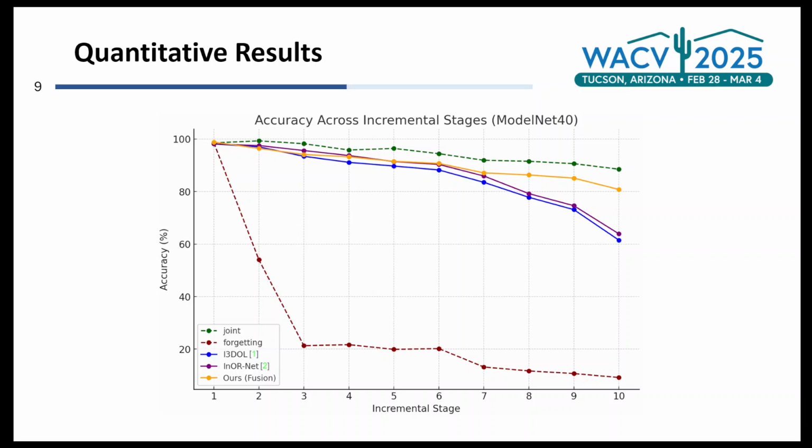And as you can see, our model outperforms other methods. It's important to note that the joint approach, I mean the green dashed line, represents the upper bound, where the model is trained on all data at once. And the forgetting approach, the red dashed line, is the lower bound, where we don't have any solution for catastrophic forgetting.